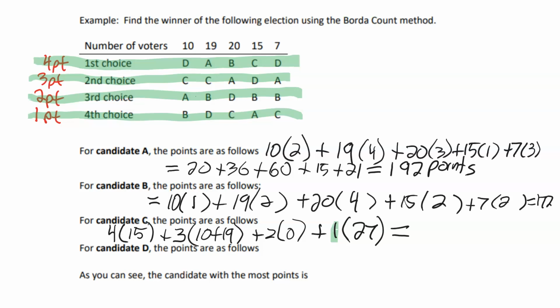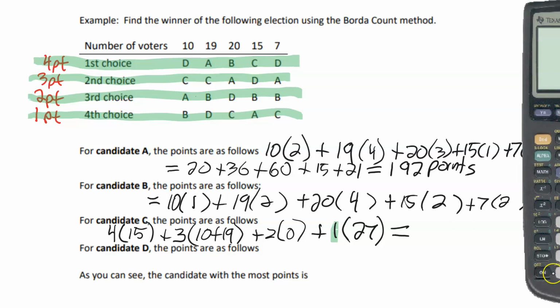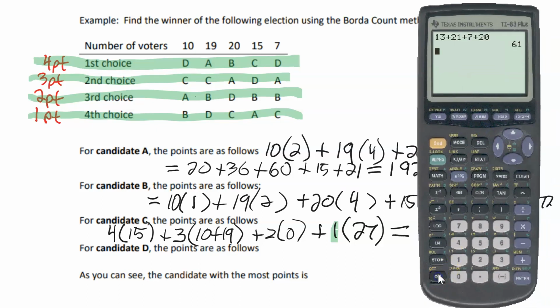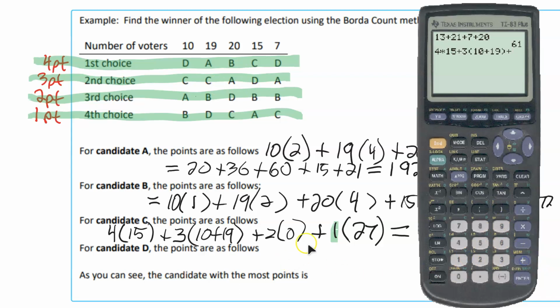Now on your calculator, this would just look like 4 times 15 plus, if you do it with the parentheses like I have here, 3 times parentheses 10 plus 19, plus, that one's 0.